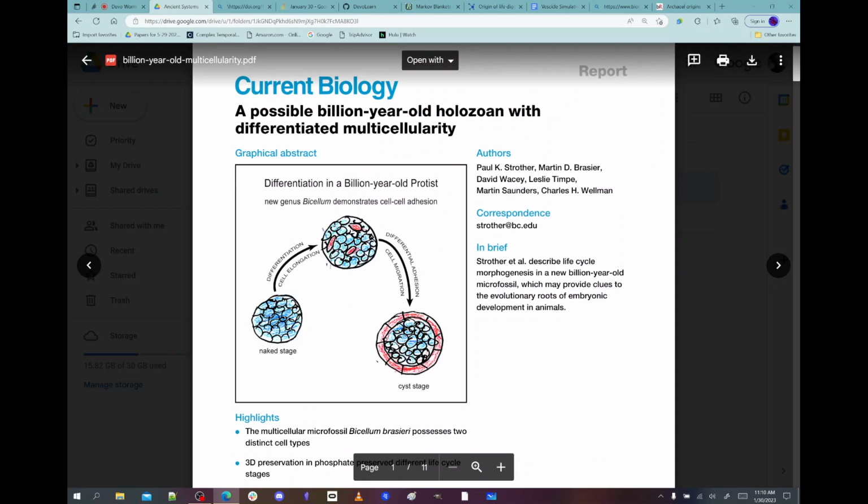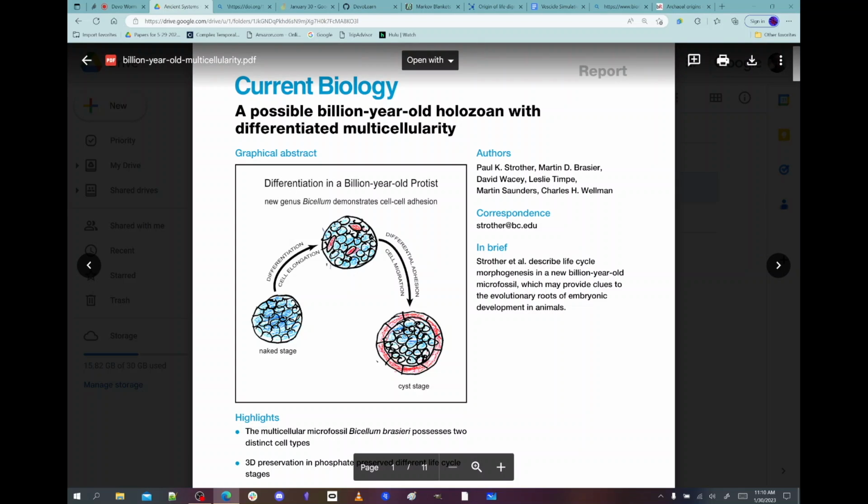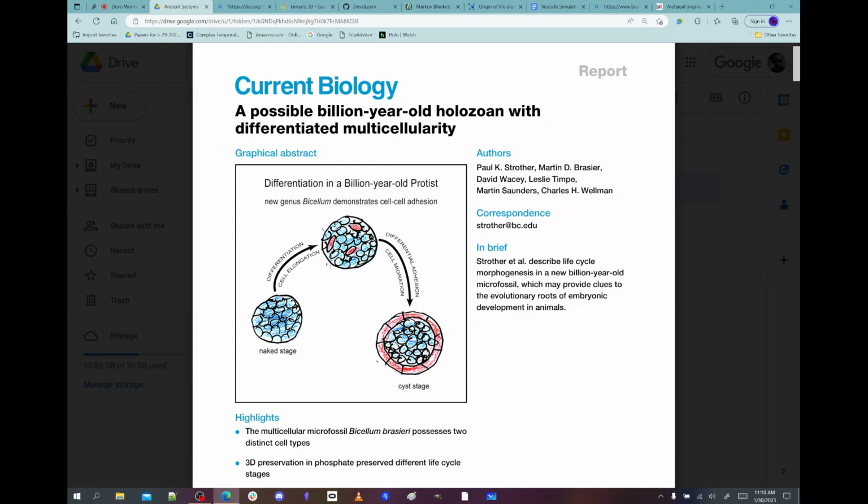So this is the graphical abstract where you have a protist, a billion-year-old protist. This is a new genus, Bicellum, which demonstrates cell-cell adhesion. So we have the naked stage here. There's differentiation and cell elongation in this colony of cells. In the naked stage, they seem to be undifferentiated with respect to size and shape.